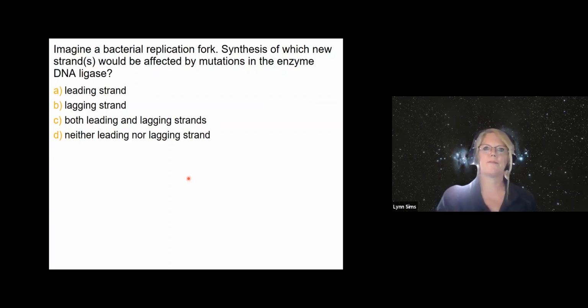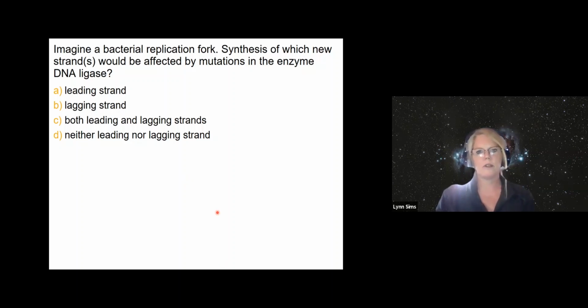All right, so hopefully that's a good example of one of those critical thinking or scenario type questions. Now let's look at this one. Imagine a bacterial replication fork, and the question is, synthesis of which new strands would be affected by mutations in the enzyme DNA ligase? So think about the function of DNA ligase.